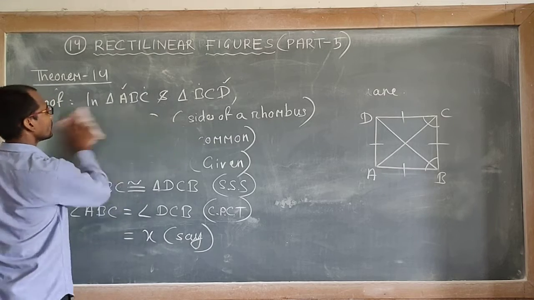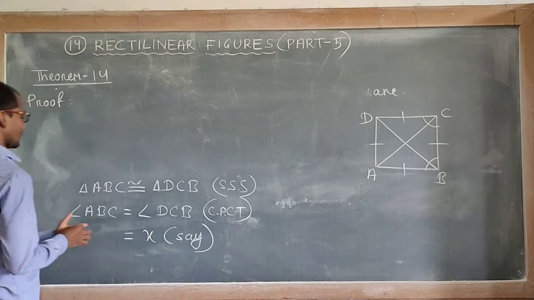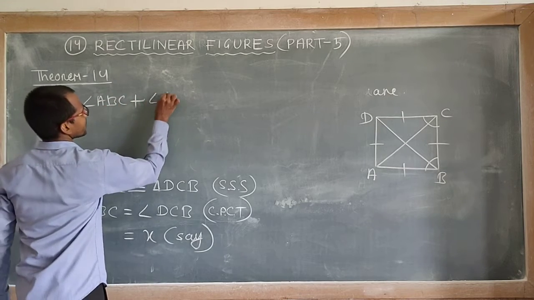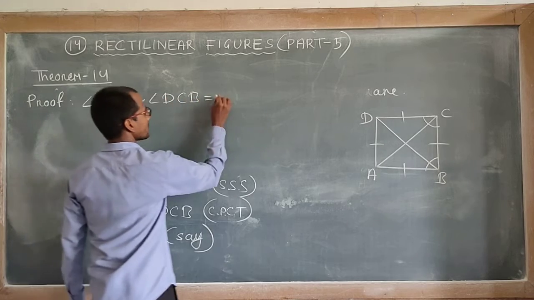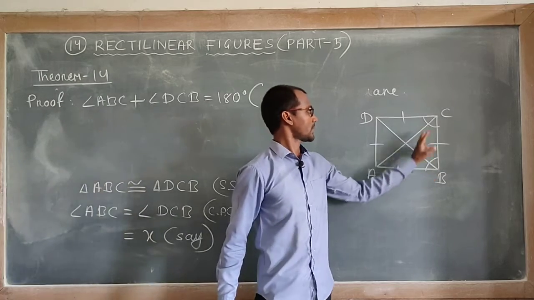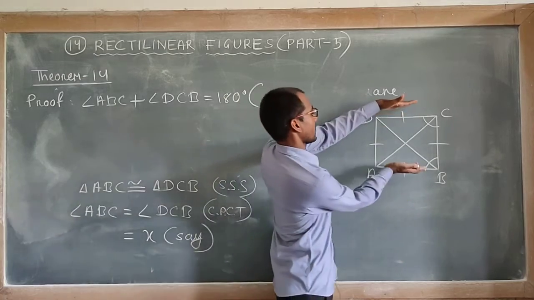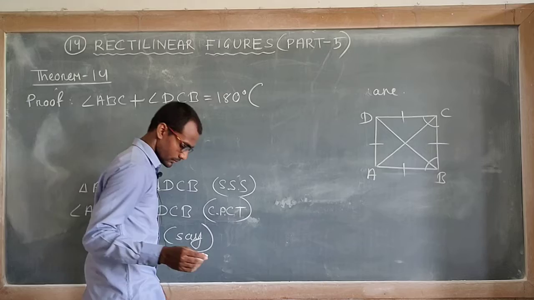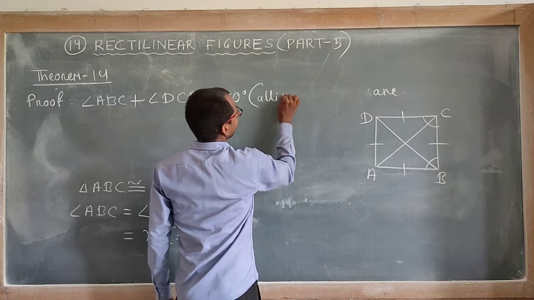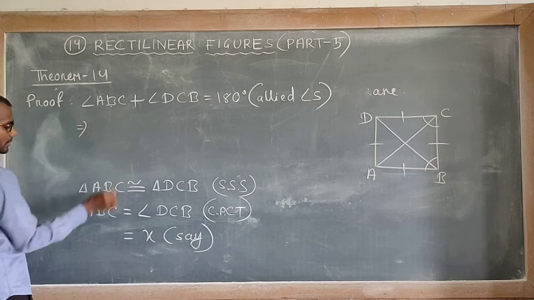Next, angle ABC plus angle DCB is 180 degree. This angle plus this angle is 180 degree because they are allied angles or co-interior angles. These two lines are parallel. What is ABC?